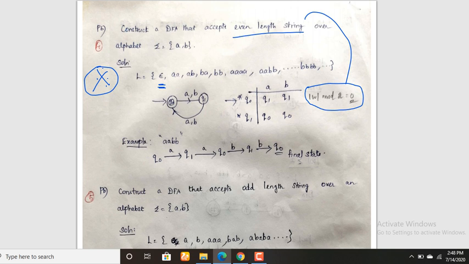What's the length of the epsilon? The length of epsilon is 0. So 0 modulo n equals 0, which means this case is true.